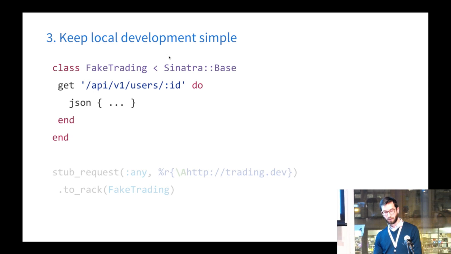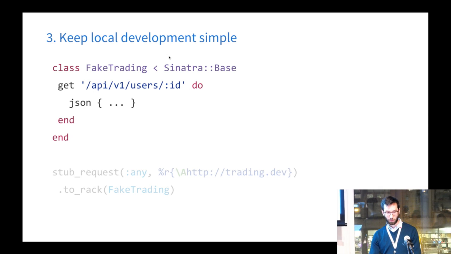And in these fakes, you can actually do useful things that you couldn't do before, like pull real parameters out of the request and feed them back in to the fake response in order to make them richer. In addition, if these fakes exist in your code base with the rest of your application code, you can use things like Active Record to enrich these fake responses with different projections of your data that make them more useful and realistic.